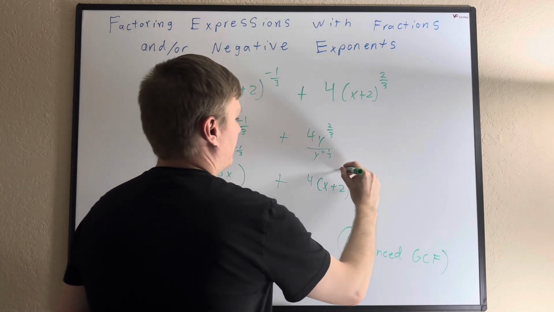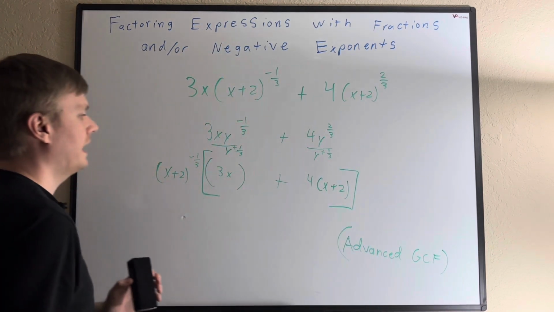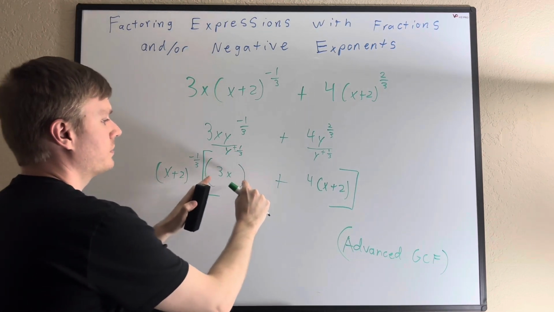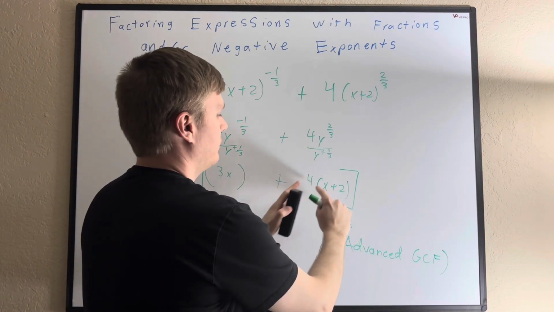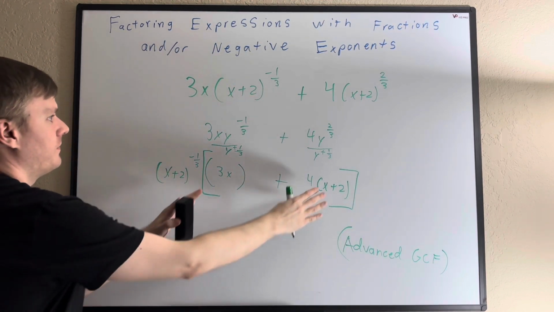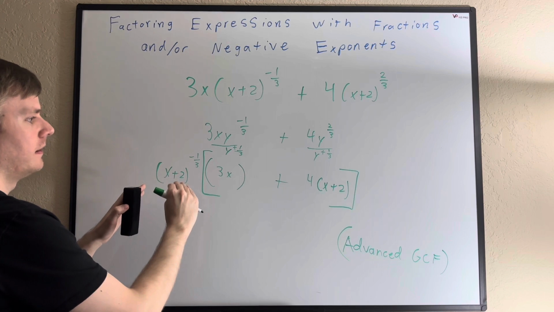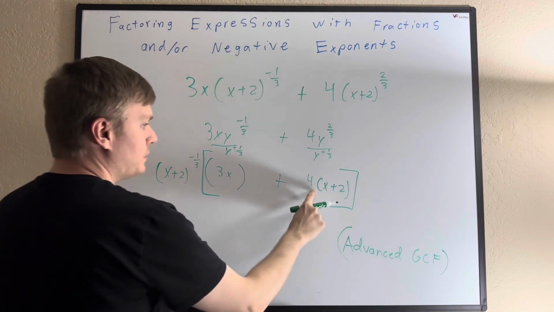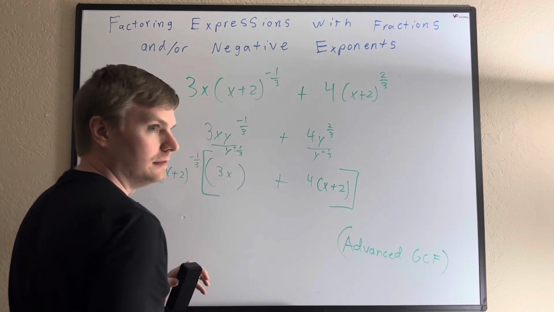And I want to use brackets because this is being distributed to this 3x and to this 4 times x plus 2 over here, right? And we factored it out. Now this we can actually do something with.